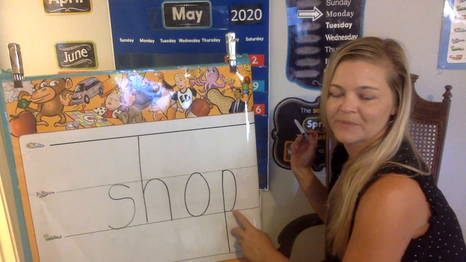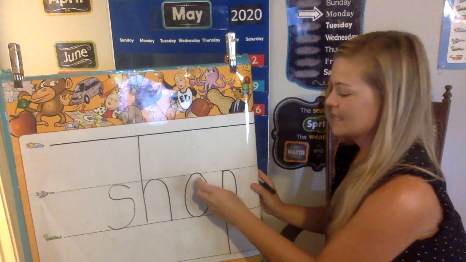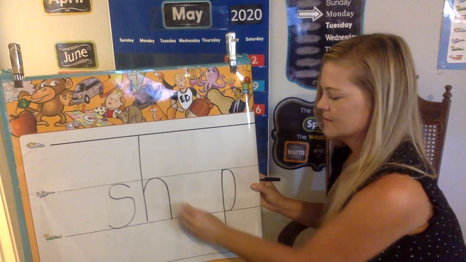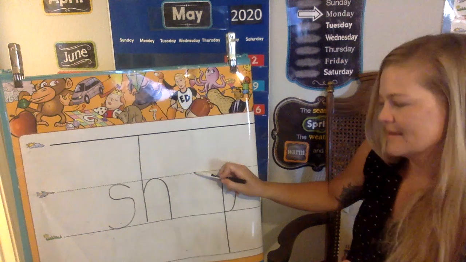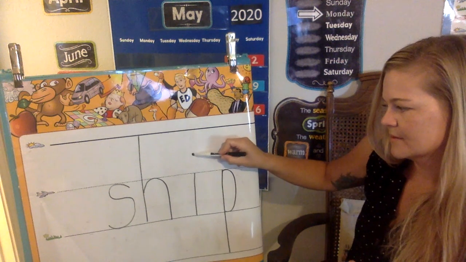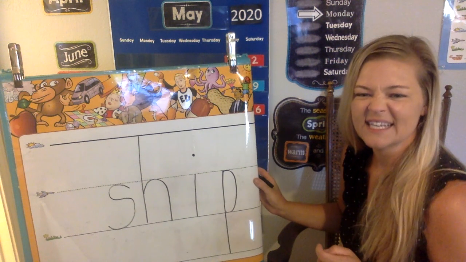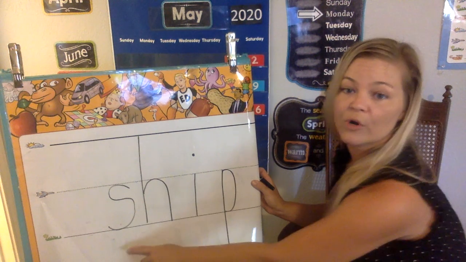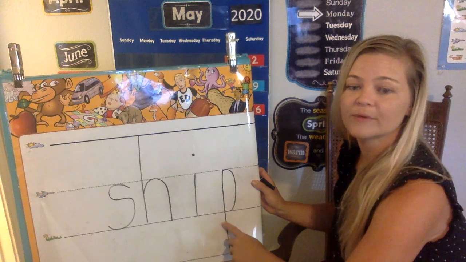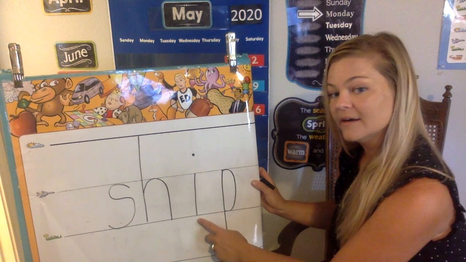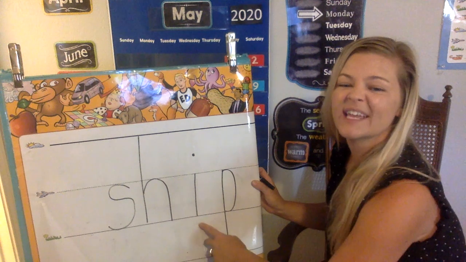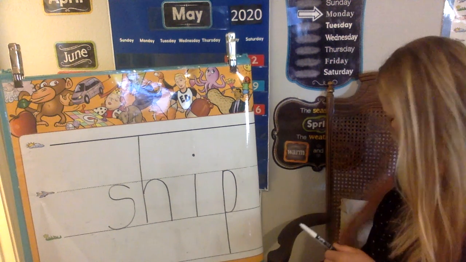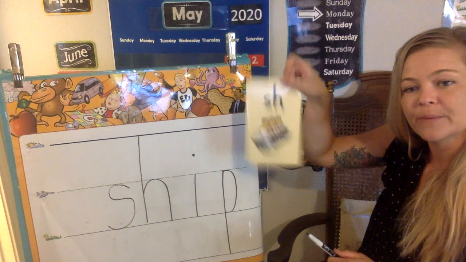Shop. Last thing I want to do, erase that O in the middle and put an I in its place. I makes an I sound, right? So when it was an O, our word was shop. But now that there's an I there, it's ship. Ship. Like I went sailing on a ship.